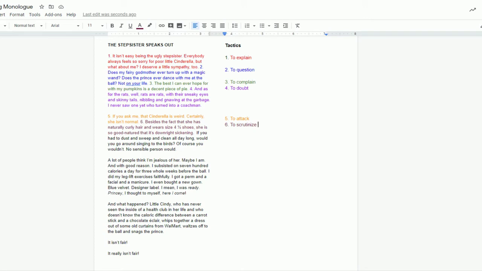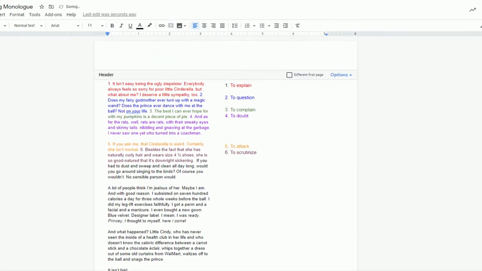But also think about it logically. If the stepsister has an objective that she wants to achieve at the end of this monologue, let's say that her ultimate objective, and I'll put that up here so we can look at it, objective.